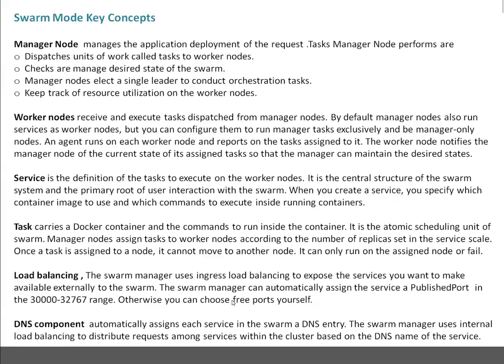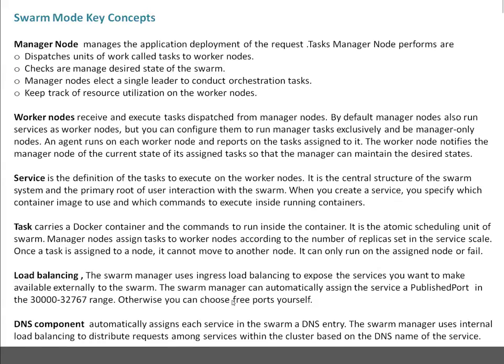Also, in a service you mention the replicas, meaning how many instances of that particular application you want. When I say instances, those are basically containers. Let's say you want to run 5 containers, you set replicas equal to 5. I will come to that when I give the technical session in the next video.